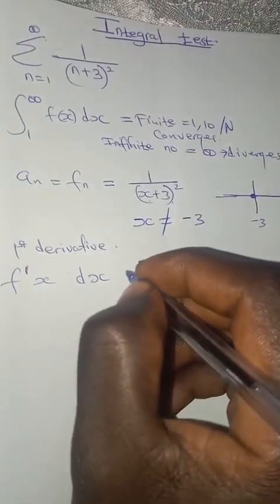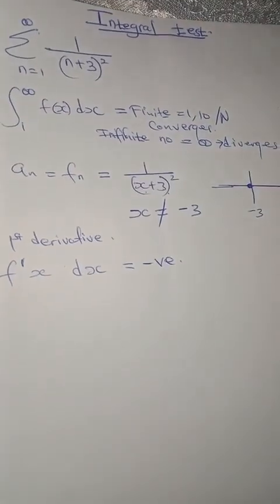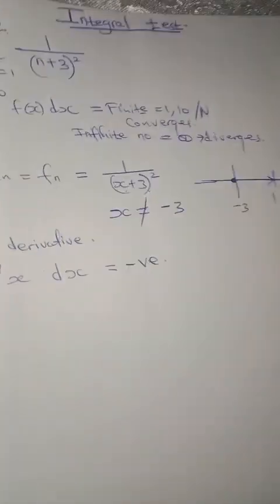Our first derivative has to be negative in order for us to say that the function is decreasing.